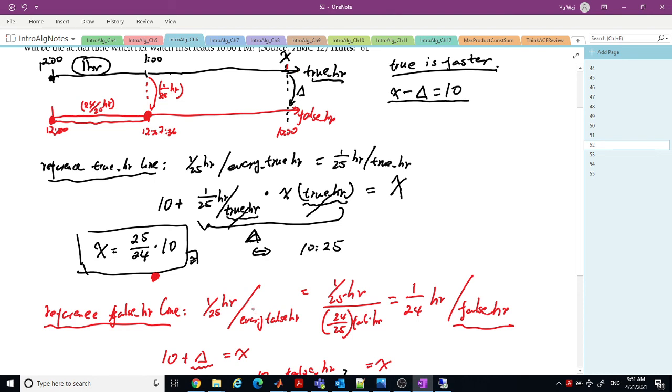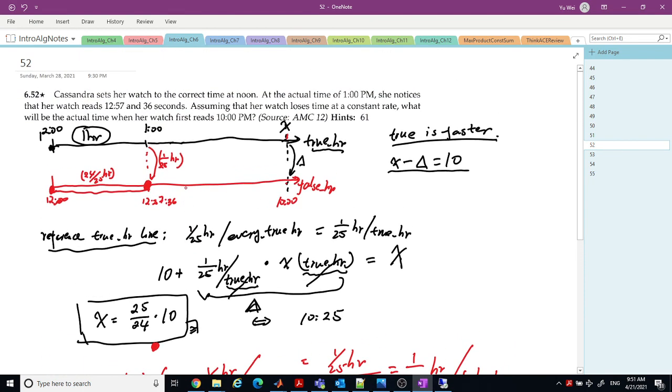If you reference to the 4th hour timeline, you need to use the time elapsed on the 4th hour timeline. So I hope this explains the subtle difference of the referencing. Yeah, that's all for this video. Thank you.